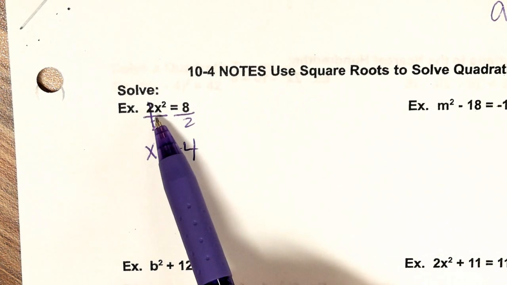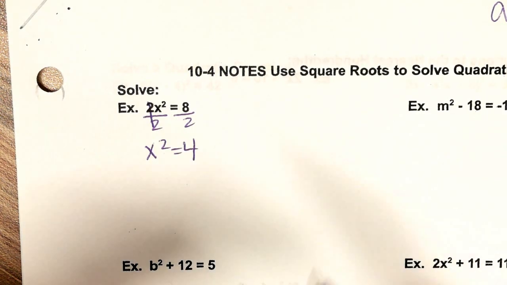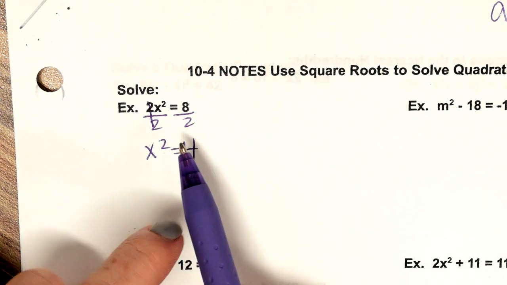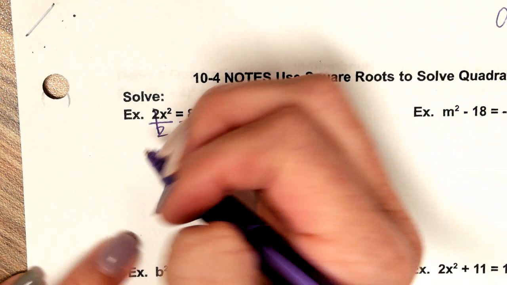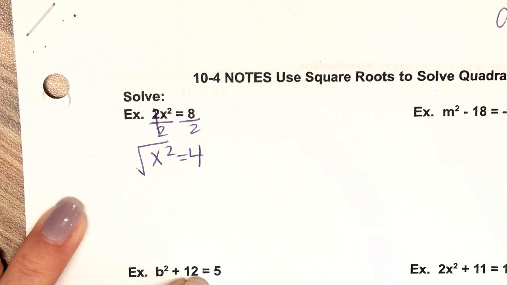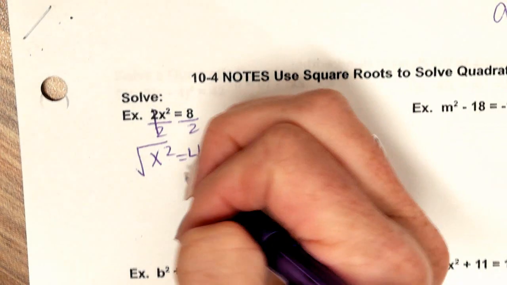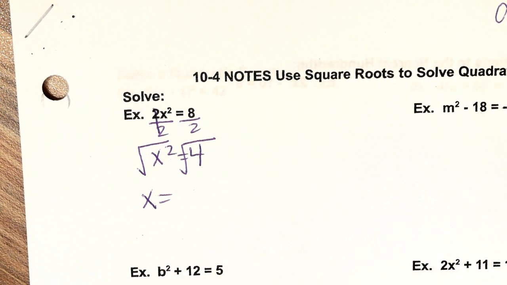So what did we do a second ago? 2 was being multiplied by x. What's the opposite of multiplying by 2? Dividing by 2. Well, x is being multiplied by itself. Yes, it's being squared. What is the opposite of squaring something? Square rooting. So if I square root the left side to balance the equation, what do I also have to do to the right side? Square root. And so I'm left with x equals the square root of 4.